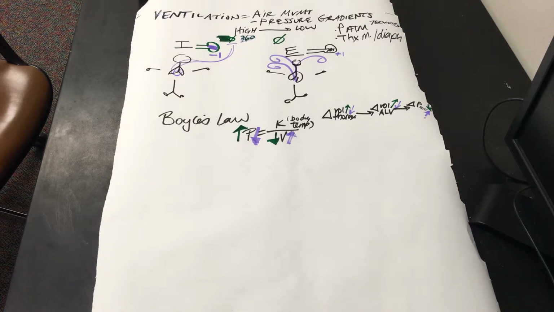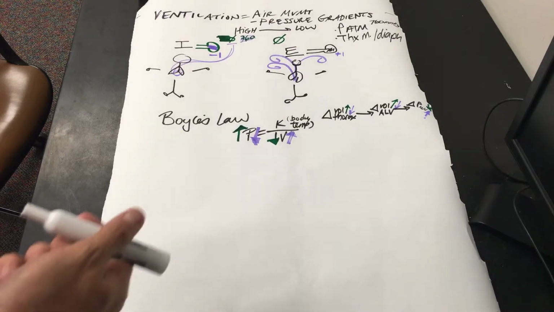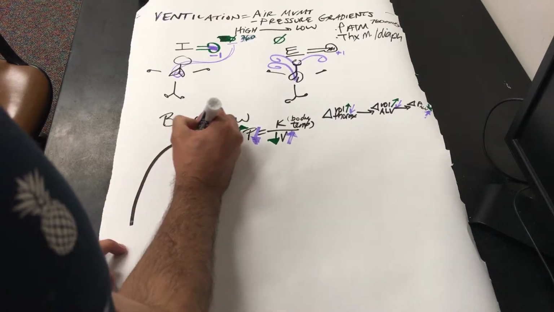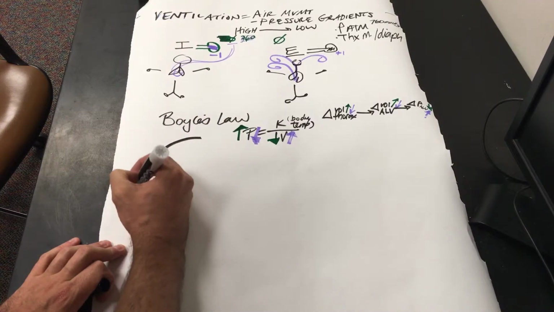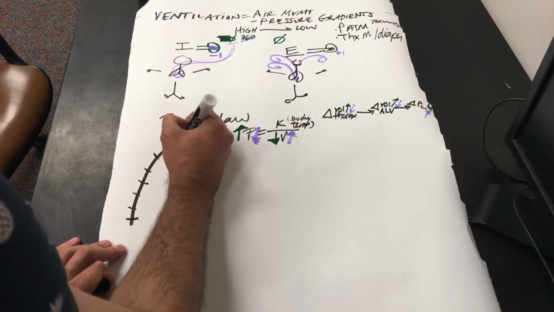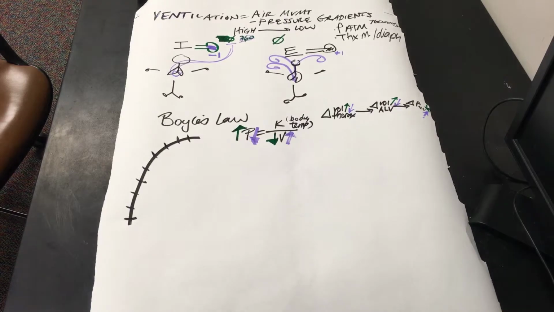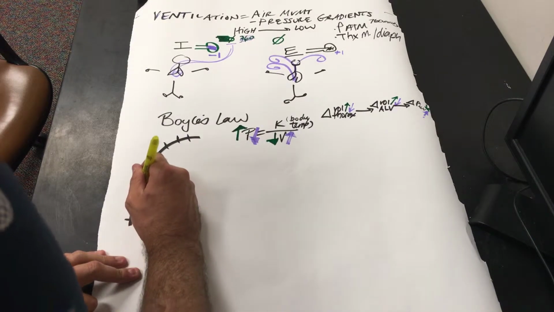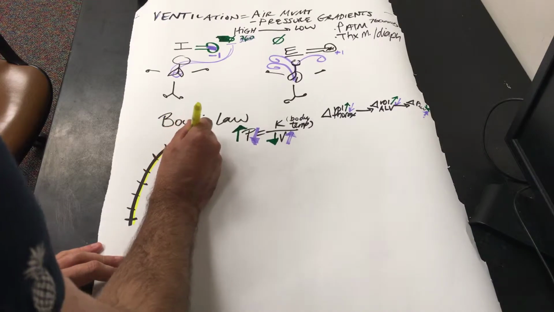Okay, so why do these move together? Just remind ourselves that the thoracic wall is comprised of the rib cage. The rib cage is lined with a layer of a serous membrane called the parietal pleura.